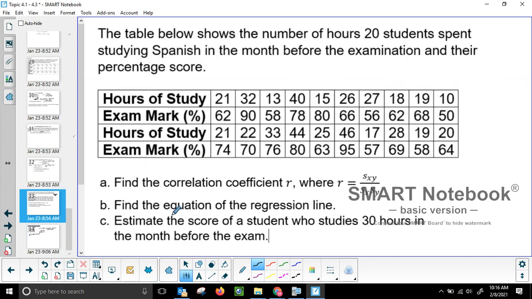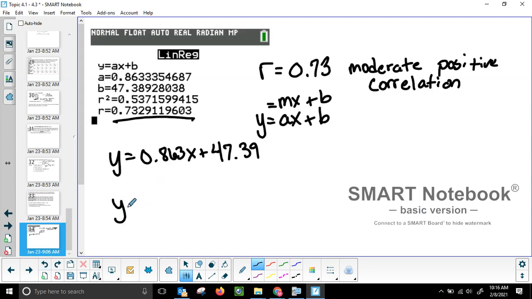Then it also says estimate the score of a student who studies 30 hours in the month before the exam. So all I have to do is plug 30 into here.